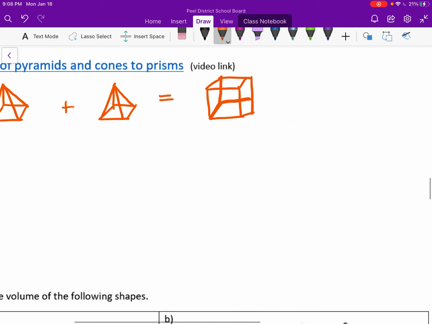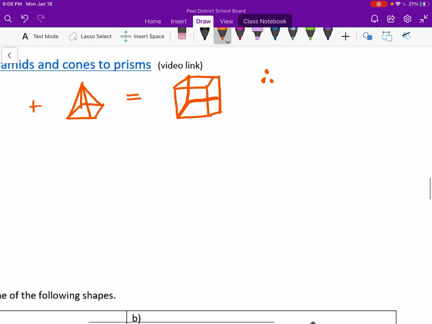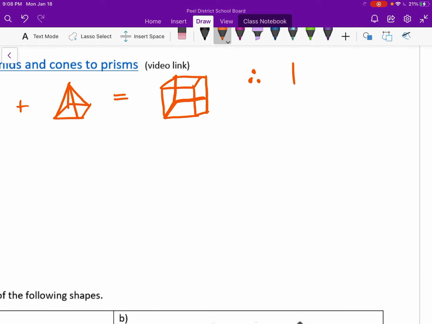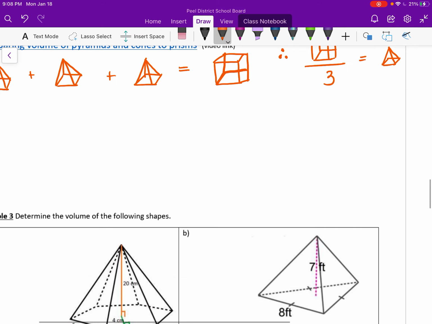So it's safe for us to say, therefore, the volume of one of these square-based pyramids is the volume of the cube divided by 3. That is going to give you the volume of the pyramid. Okay?